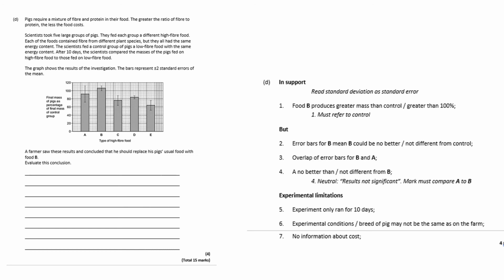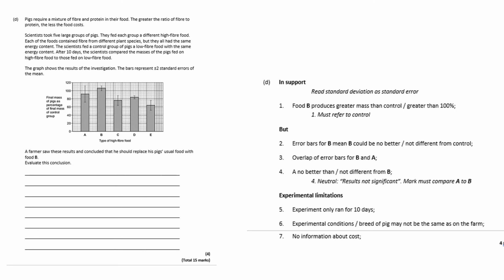So A, B, C, D and E were all fed high fibre foods, and the bars are representing the final mass of the pigs as a percentage compared to the control group, which was fed a low fibre food instead.